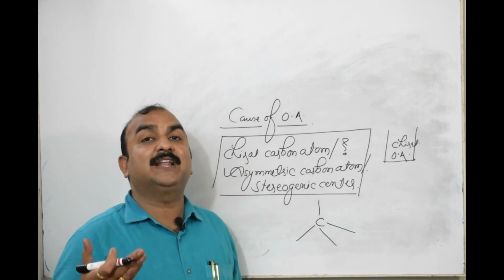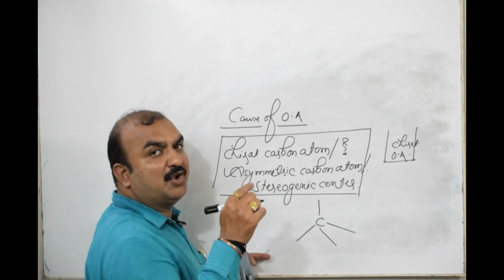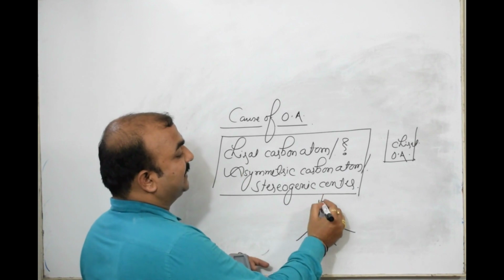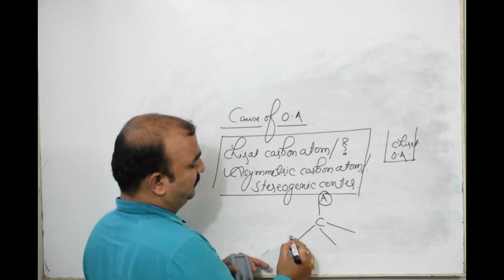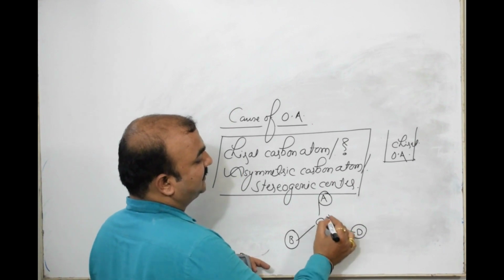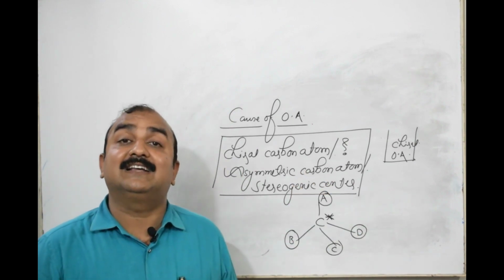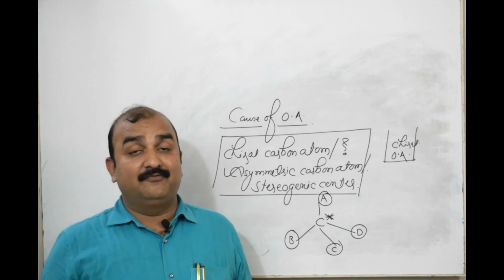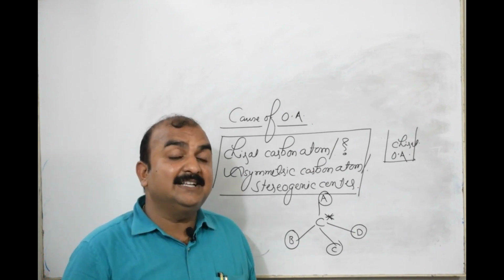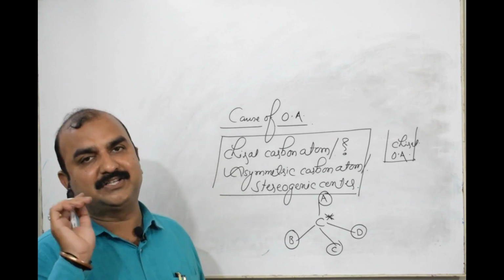Different groups are attached. If the valency of carbon is satisfied by 4 different groups, then this carbon is known as a chiral carbon atom. This is the most important condition.